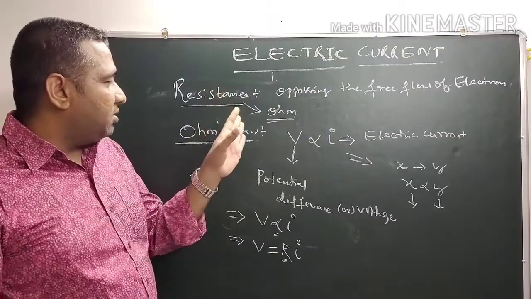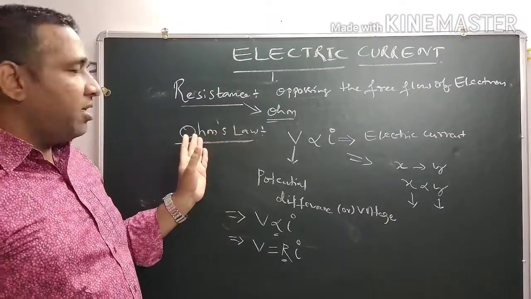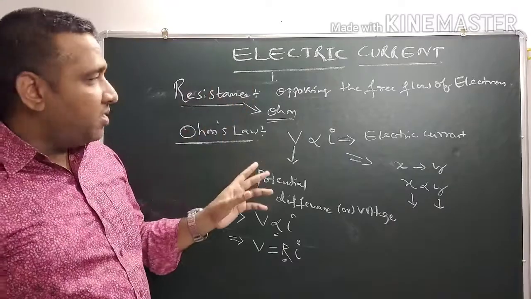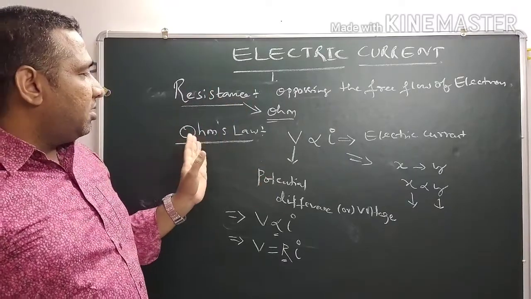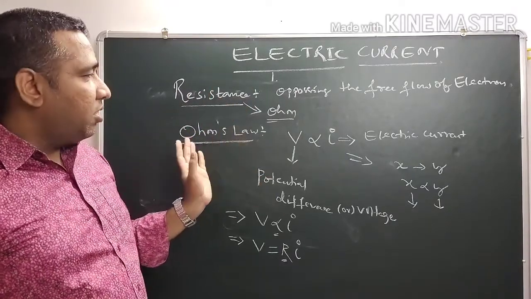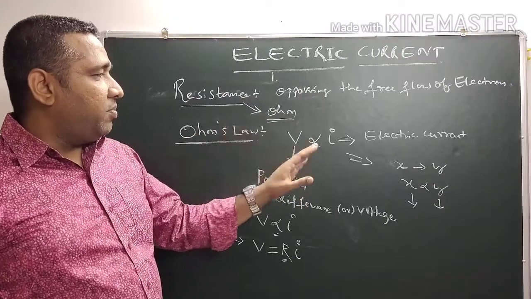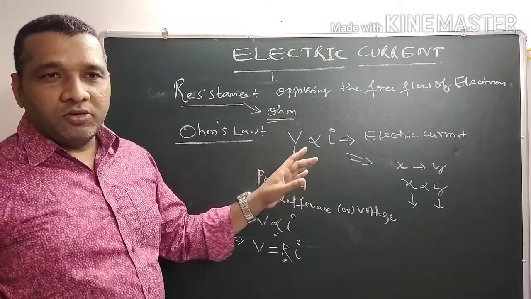Resistance was discussed by the scientist named Ohm, and he gave one principle regarding resistance, that is Ohm's law. Now we'll see the statement or the relation for Ohm's law.